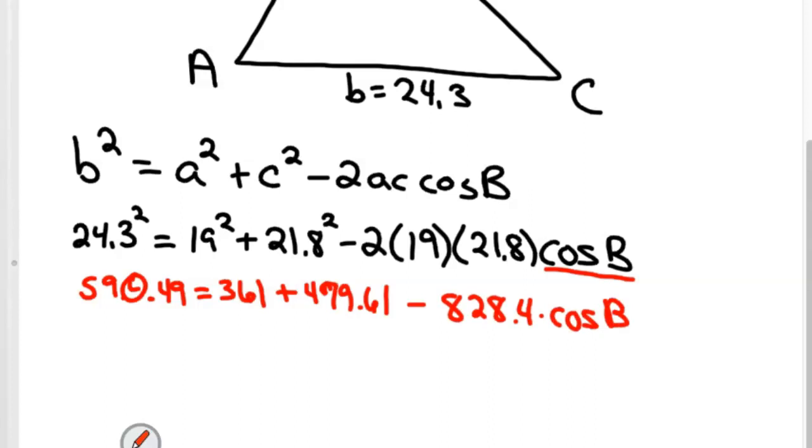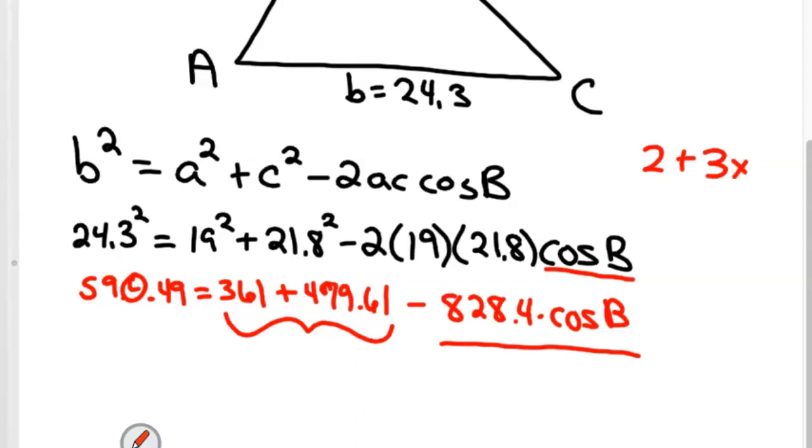You can add these two, but you can't add this because it's times that cosine of B. It's like saying 2 plus 3x. If you had 2 plus 3x, can you add those together? Most of you have known since you were fourth graders that you cannot. It's the same here, even though they're more complicated numbers. You can only add the first two. So we'll add these two together to simplify things.